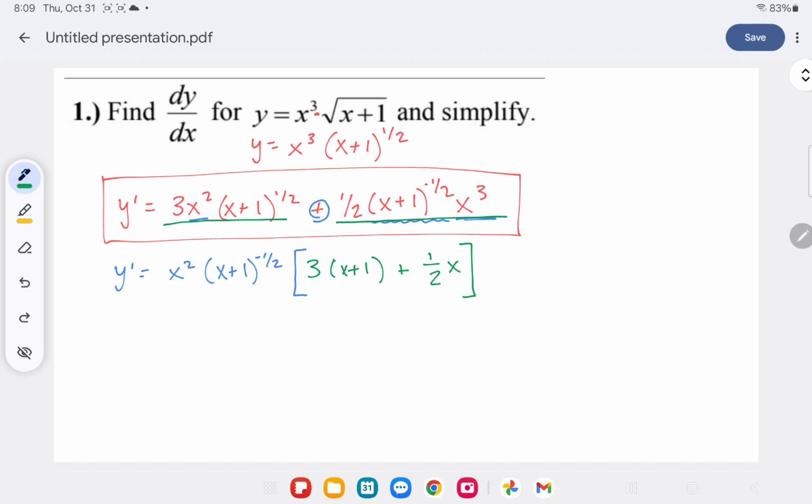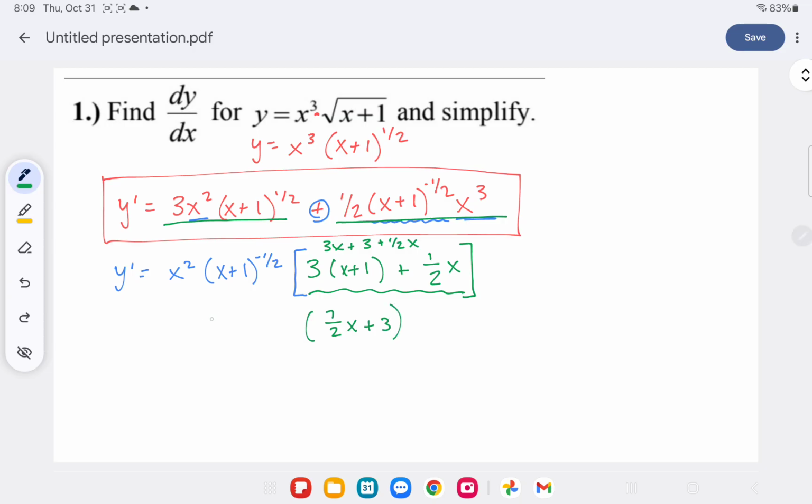From here, I'm going to simplify what's in the parentheses. We'd have 3x plus 3 plus 1/2 x. So 3x plus 1/2 x is 3.5x. I'm going to write that as 7 over 2 x plus 3.